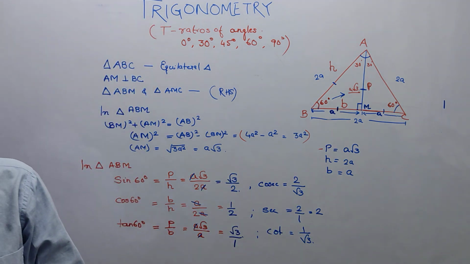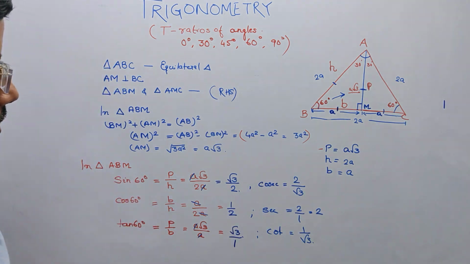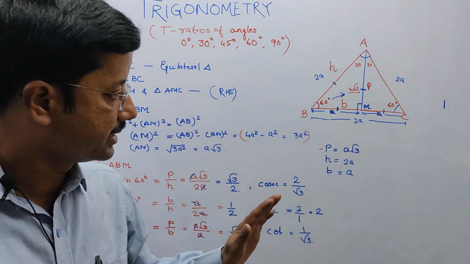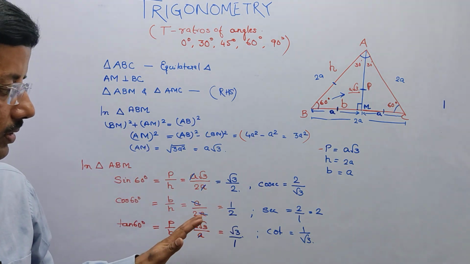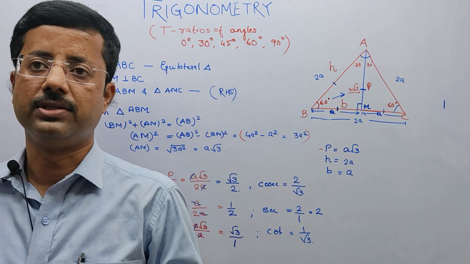So these are the different trigonometric ratios for the angle 60 degree, and always keep in mind these values which we have got. So what does it practically mean?